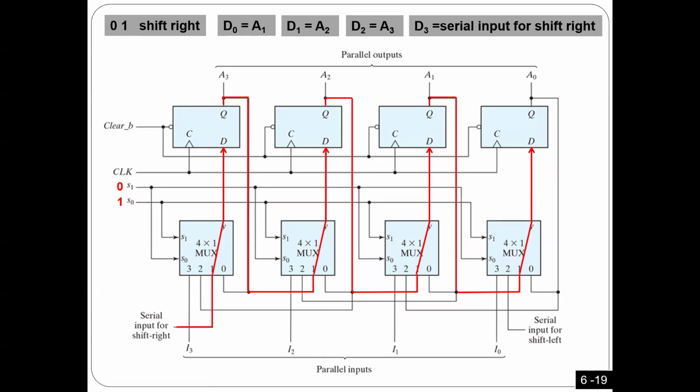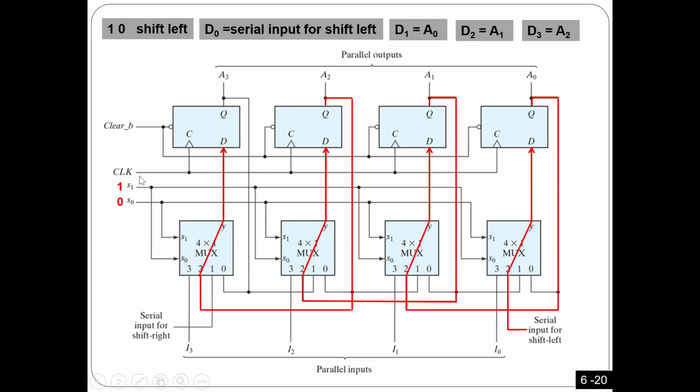Okay. Now, if I make it 1, 0, in this case, I want to make it shift left. Again, I know because this is a multiplexer. When you put in 1, 0, I'm going to connect the input of each flip-flop to input number 2. So I'm going to wire input number 2 in such a way to make it shift left. How? Look here.